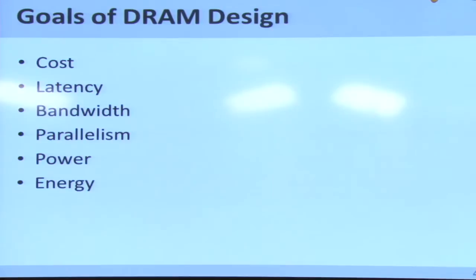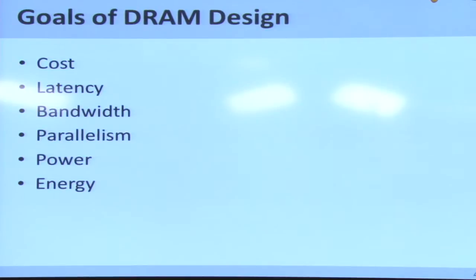If you take your mobile processor, there are many more agents that are accessing DRAM. So you want DRAM to be able to serve all these requests simultaneously. So you're expecting high parallelism, and one of you mentioned energy as well. I've listed energy and power separately here because they are actually two different things. You can increase the power consumption of DRAM, but reduce overall energy if you're improving performance. We will see an example of that in today's lecture.